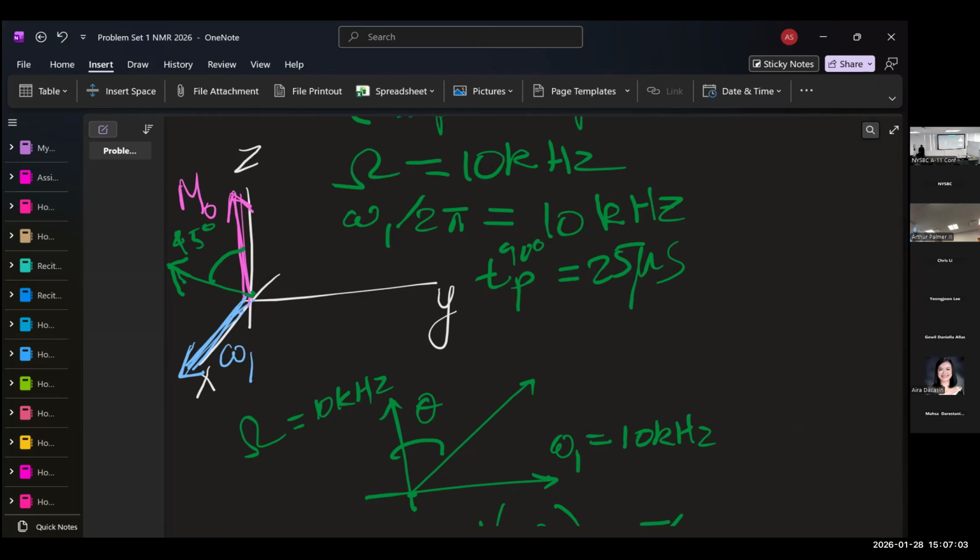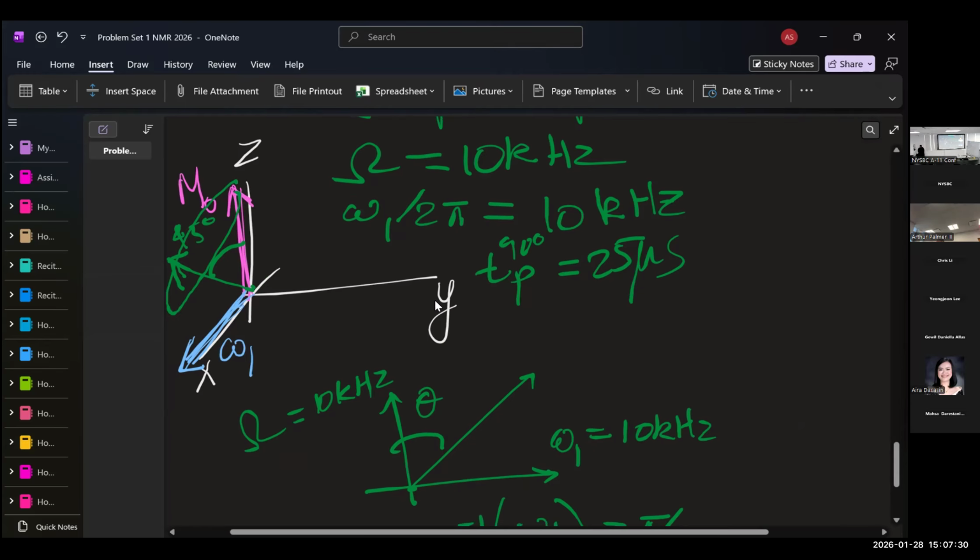Of course, this magnetization is now going to do a circle around this. If it were on resonance, then it would just perfectly come down to minus y. But because you have an offset, you're going to nutate around this effective field.